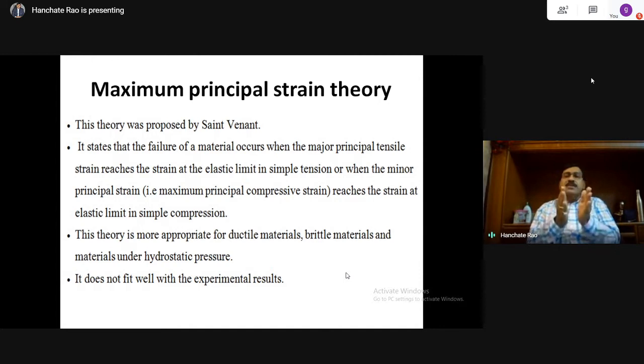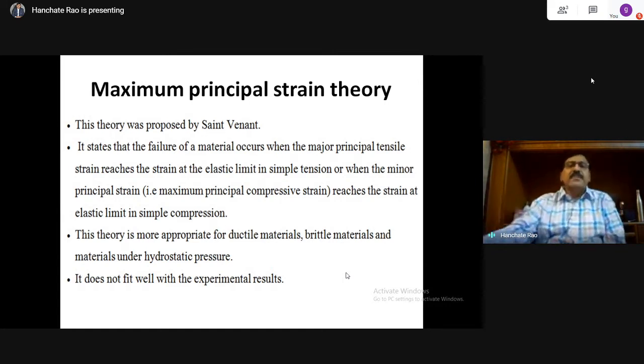So according to this theory, failure occurs when the major principal strain in tension is equal to the strain at elastic limit in tension, or the minor principal strain in compression is equal to the strain at elastic limit in compression.